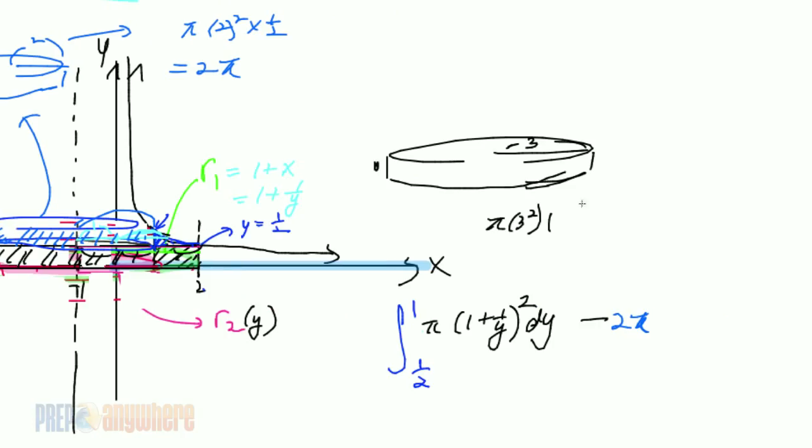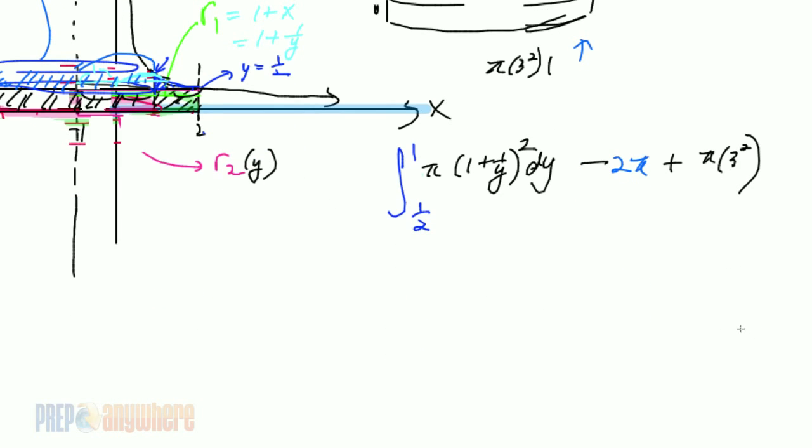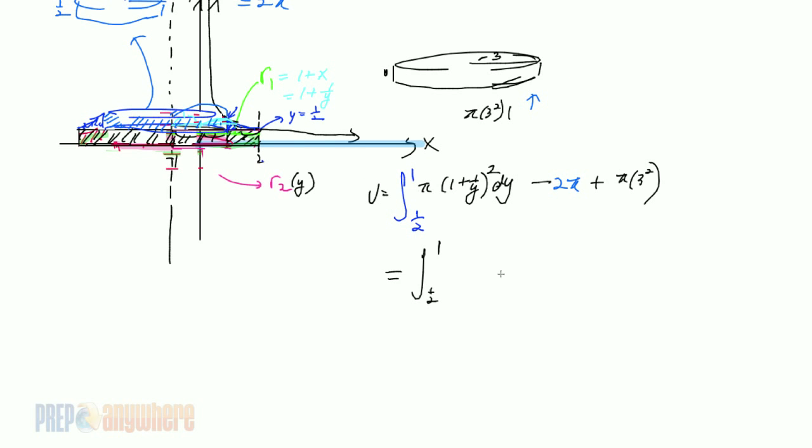Okay, and all we have to do is add the bottom part. So plus this is pi 3 squared. So this is going to give us the volume. All right, so this half to 1. Let me zoom out now a bit. Pi, expand that, you get 1 plus 2 over y plus 1 over y squared.